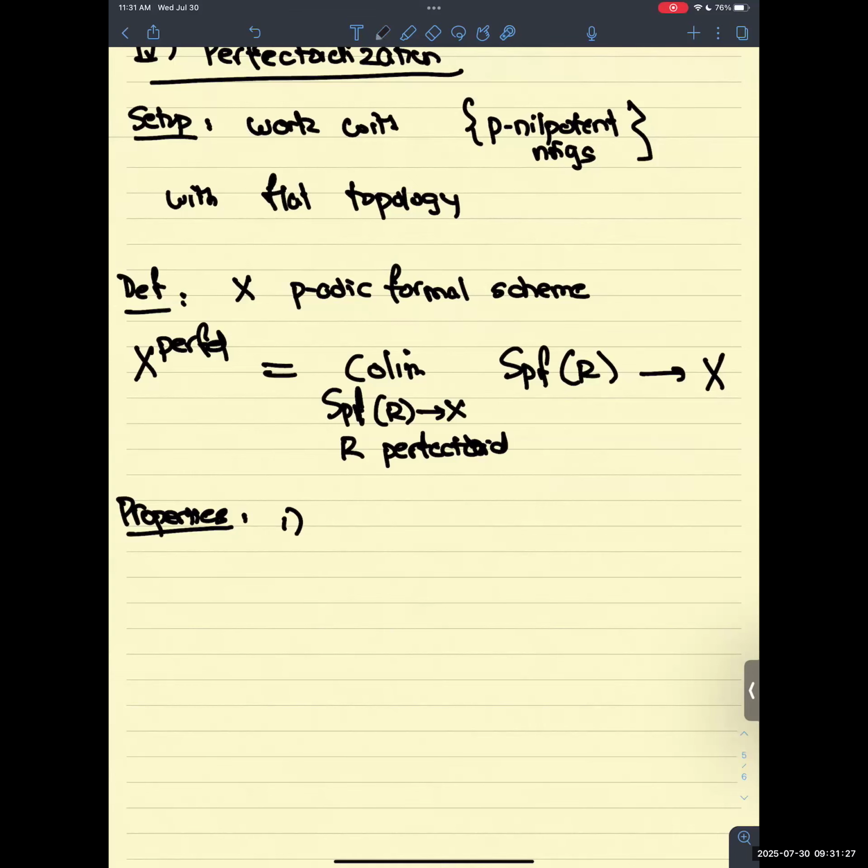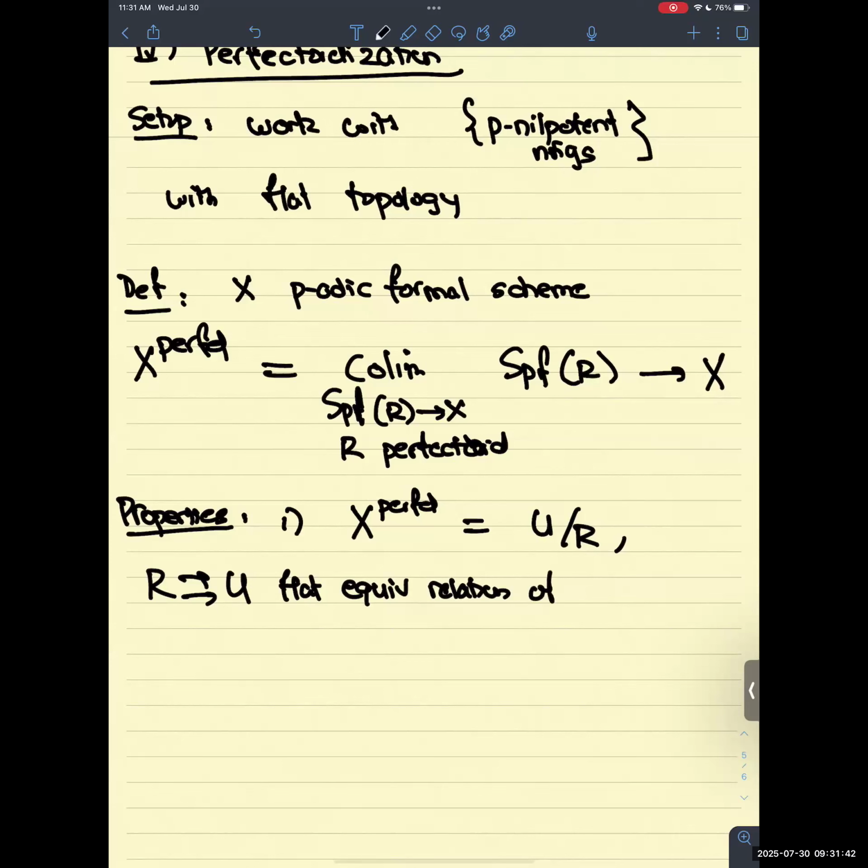So you can write X perfd as U mod R, where R to U is a flat equivalence relation of perfectoids. So it's really not that exotic of an object. If you allow yourself to work with perfectoids and quotients by flat equivalence relations, then these objects are in your worldview.